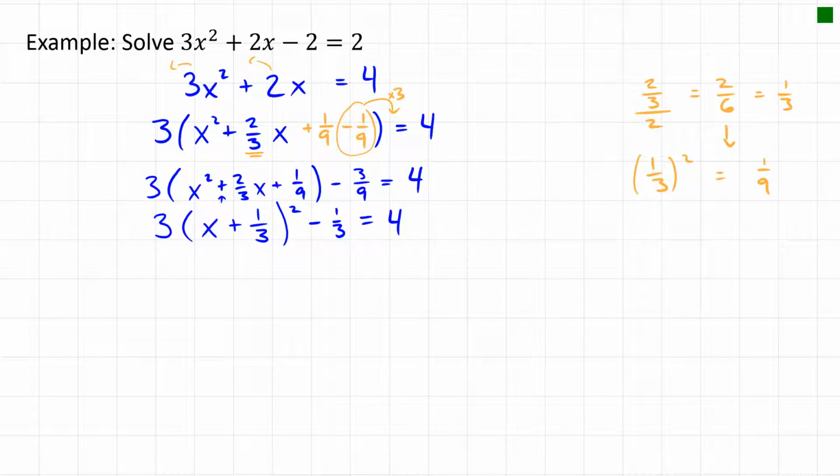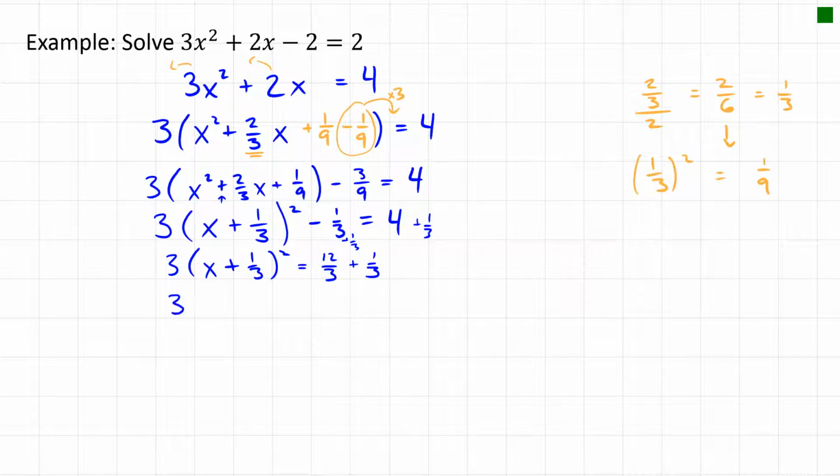And now we just begin solving as we have been. 3 times x plus 1/3 squared, plus 1/3 on each side. Well, 4 is actually, as thirds, 12/3, plus 1/3.